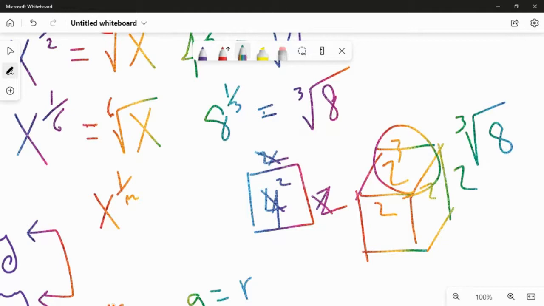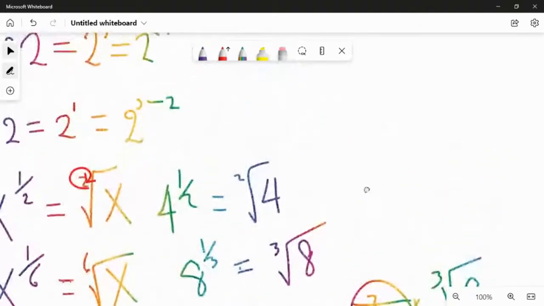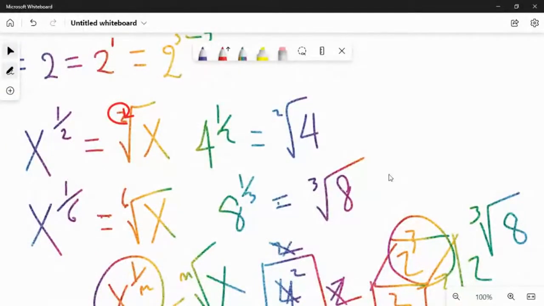So the bottom line is, we can express x raised to 1 over n, whatever that n may be, as the nth radical or nth root of x.